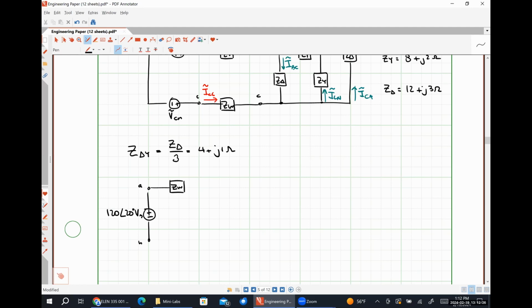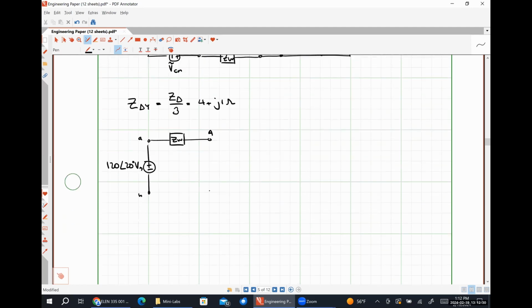Here's ZW, capital A, capital N. Here's ZY. Here's Z delta Y. I'm now going to draw on this diagram what we can find.